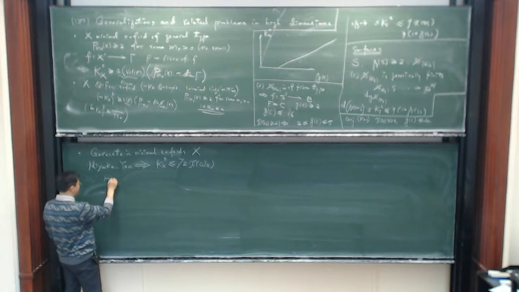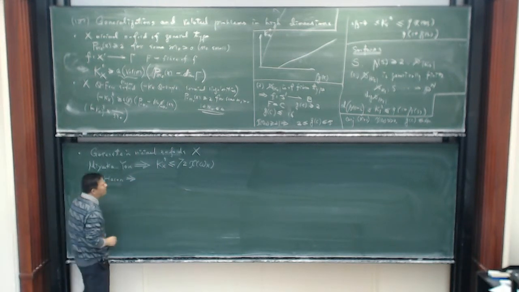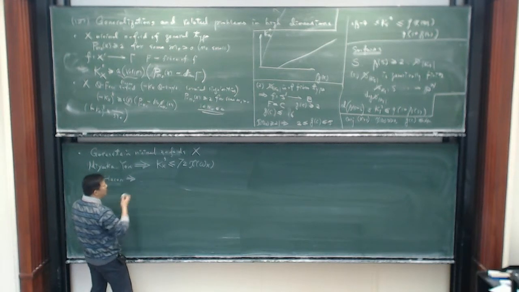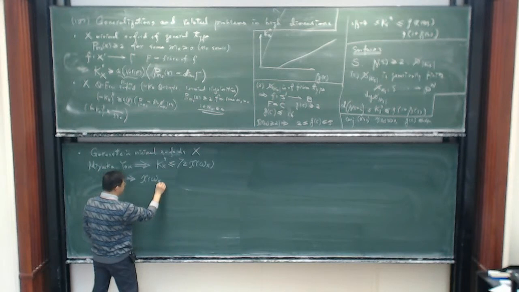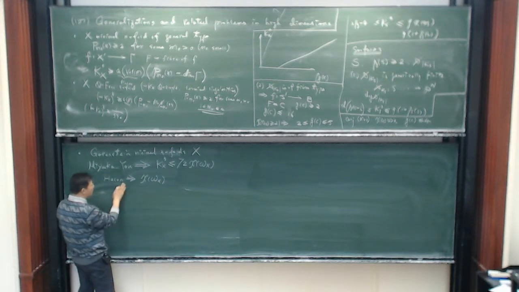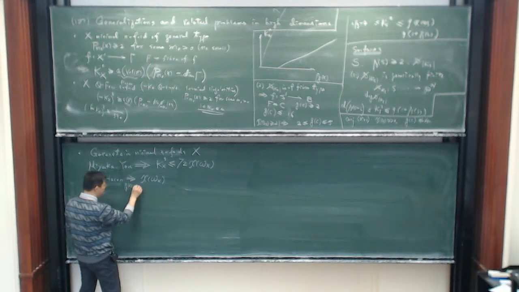And then Hacon has such an inequality. So he says that chi(O_X)... here we should add one more condition, that we assume that p_g of X is positive.